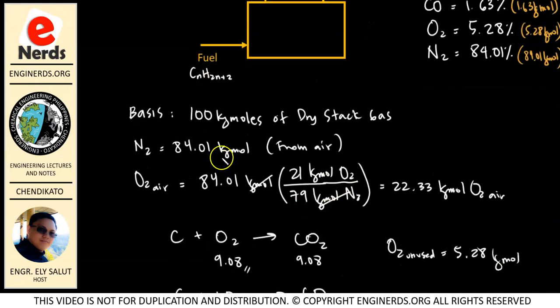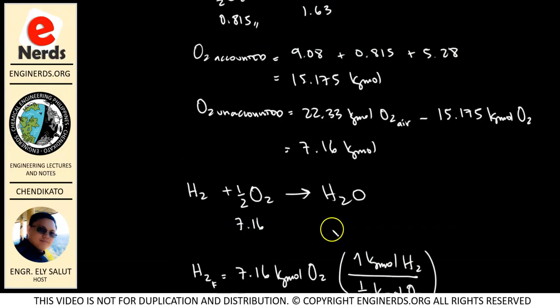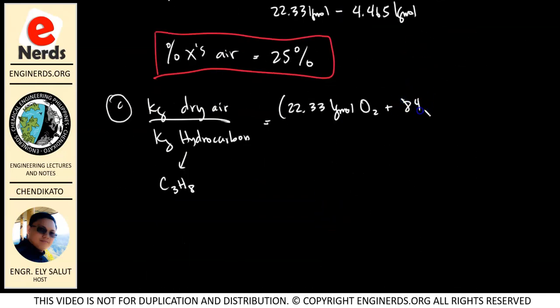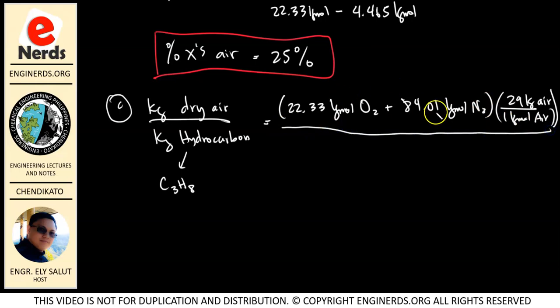We have 84.01 kilogram mole of N2. So, pag pinag-add natin yan, immediately we have the kilogram mole of air. Okay, so, we just need to multiply that sa molecular weight ng air, which is 29 kilogram of air per 1 kilogram mole of air.